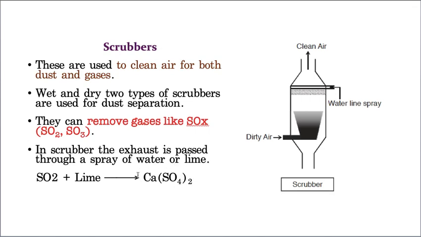This calcium sulfate forms small precipitate particles, and all these precipitate particles fall down. Are you understanding it or not? When they fall down, the purified air passes out. Did you notice it? See, this is clean air.